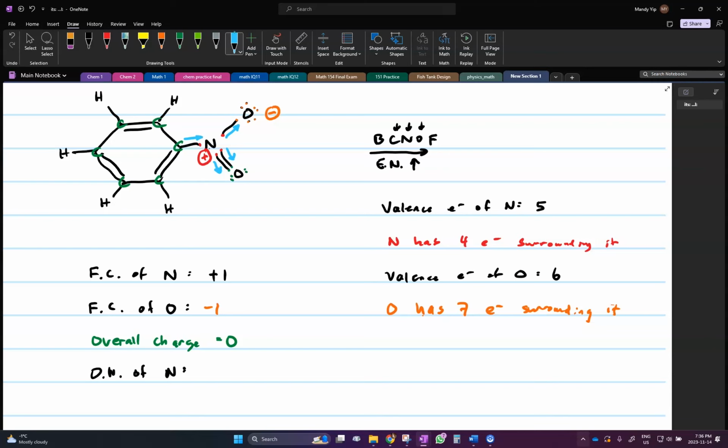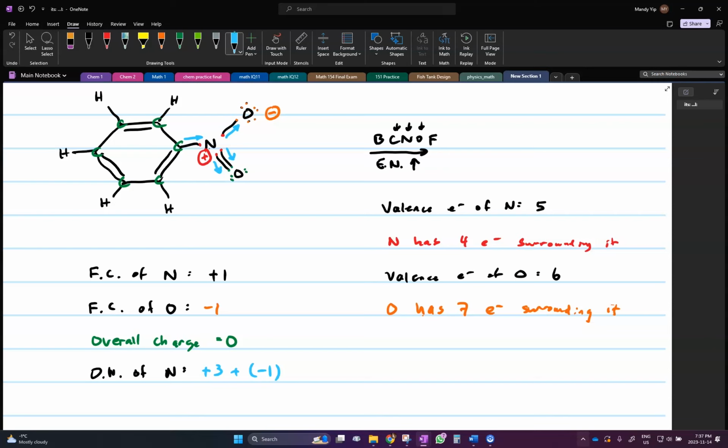And so that means with each line that nitrogen has with oxygen, because nitrogen is less electronegative than O, oxygen is going to be stealing 1 electron from N per line that it has bonded to nitrogen. So that's 1, 2, 3. And because carbon is less electronegative than nitrogen, nitrogen is going to be stealing 1 electron from carbon per line with carbon. So like this. So to sum it up, nitrogen is losing 3 electrons to the O's. So losing electrons means plus 3, but it's gaining 1 electron from carbon. So it's gaining a negative charge. So gains -1.